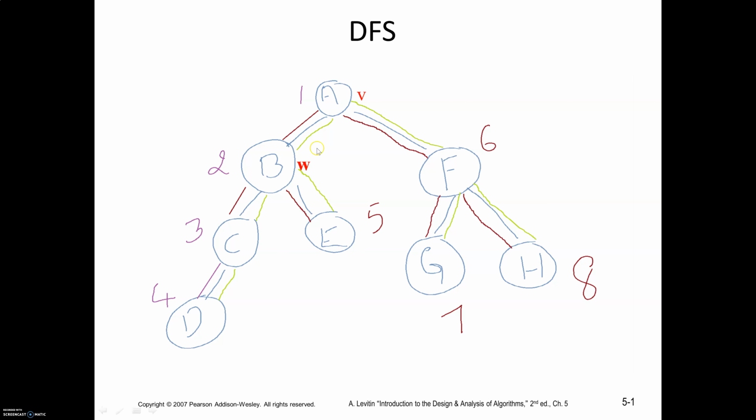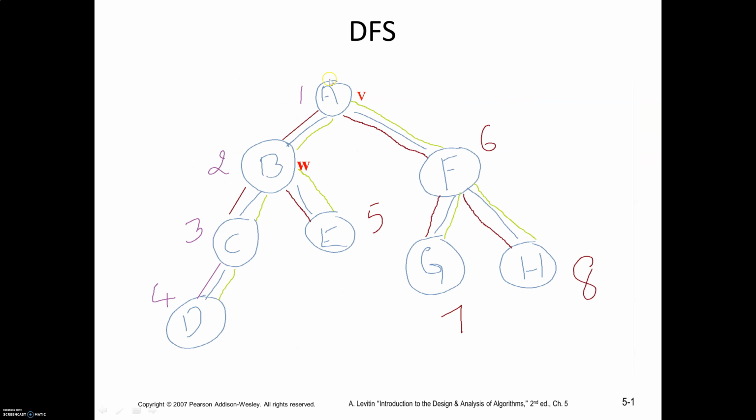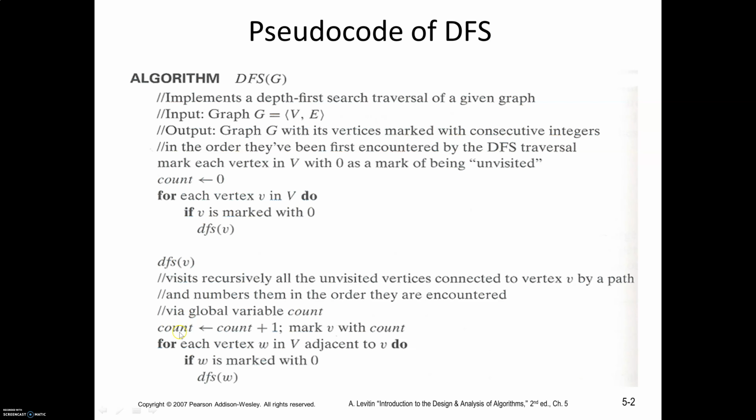Let me explain with the previous example only. So initialize all these vertices with value 0 initially. Then count is set to value 0. Call the first vertex V. That first vertex V is nothing but A. So invoke DFS with A. When you invoke, then increment the count by 1, mark V with count.